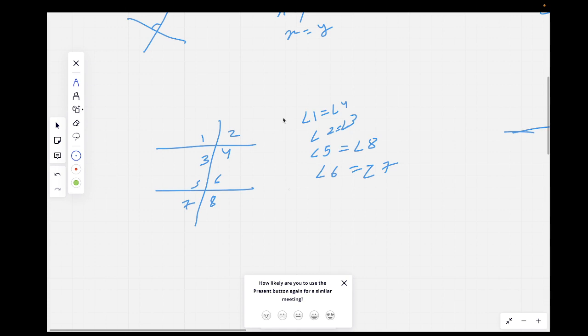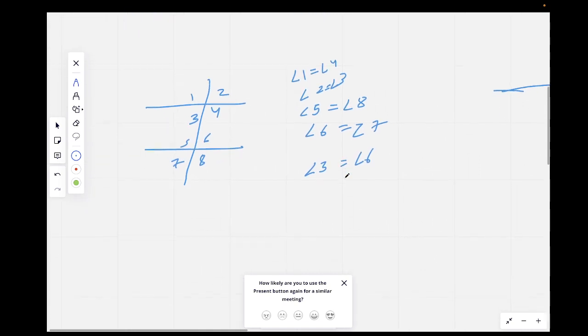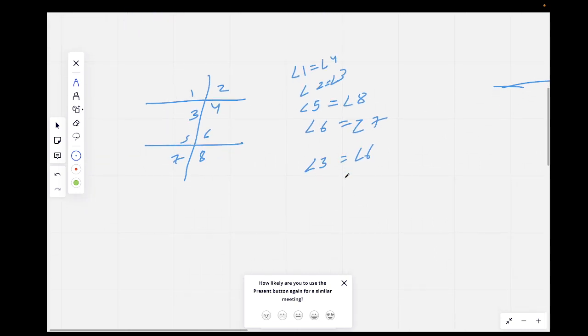We can notice that angle 3 will be equal to angle 6. Is there any way to prove this?